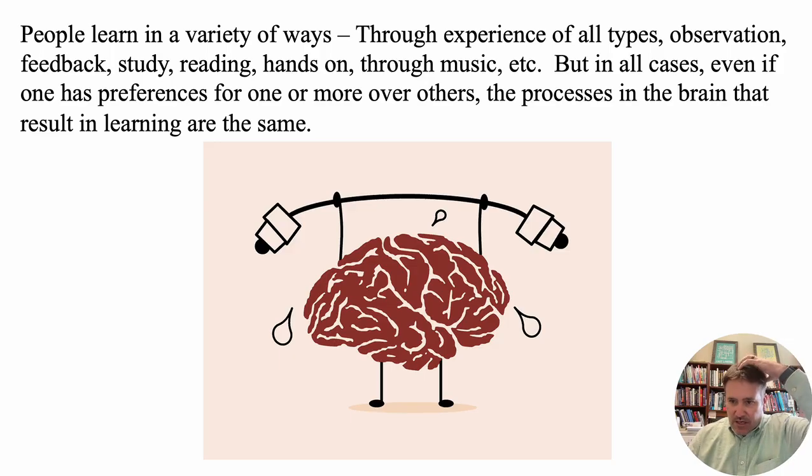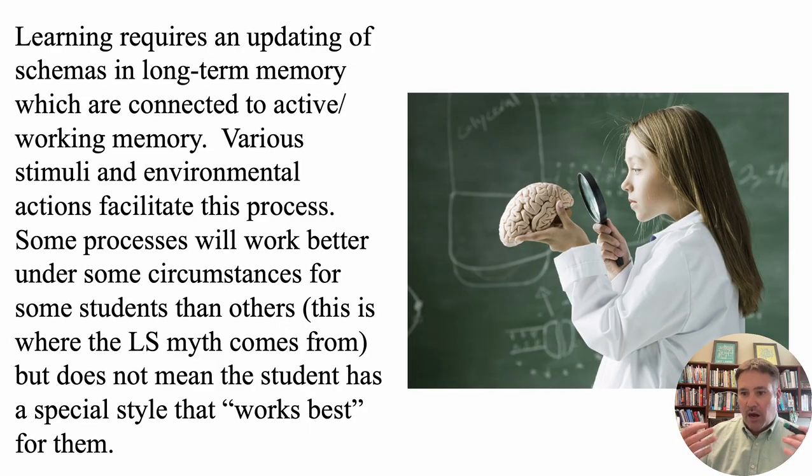What happens upstairs in terms of how we access information through our visual, auditory, and tactile inputs, the brain always does the same thing in terms of updating the existing schemas for various content and phenomena that we have in long-term memory. It's not actually in the back of your brain, but that just makes sense for visual.